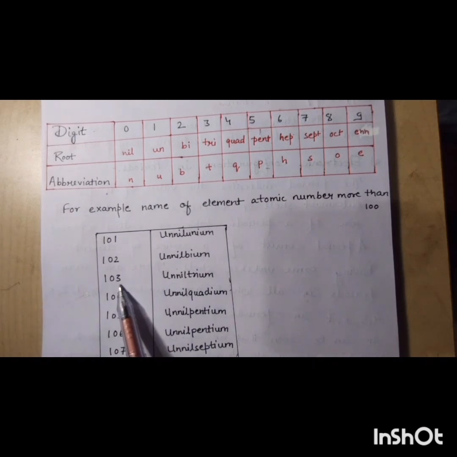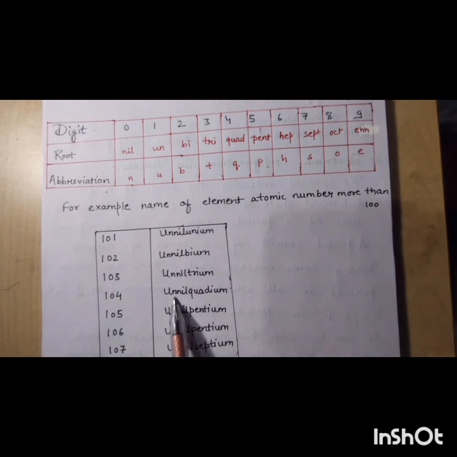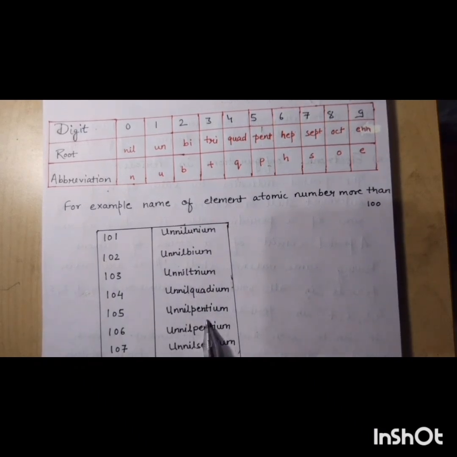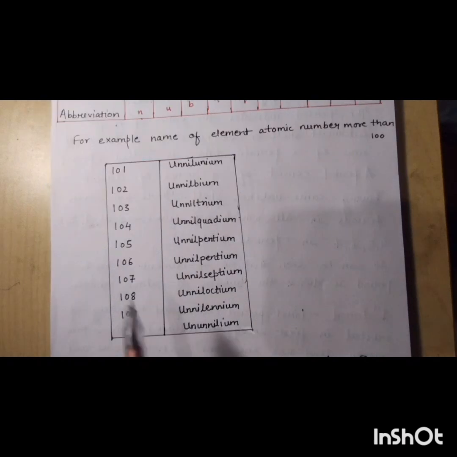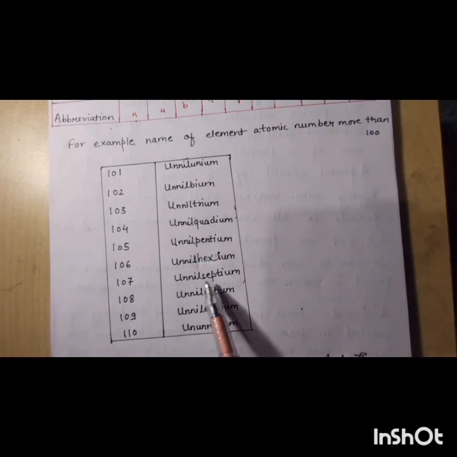Similarly in case of 103, un, nil, trium. 104, un, nil, quadium. 105, un, nil, pentium. 106, un, nil, hexium. Un, nil, septium. Un, nil, octium.